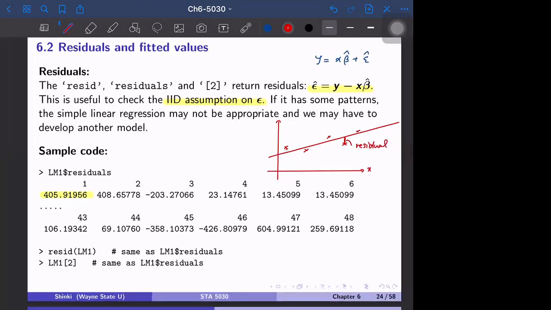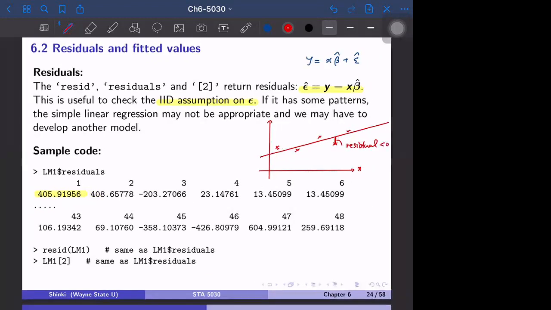In this case, the residual is negative because the point is below the regression line. If above, the residual is positive. So this is basically the deviation from the theory.